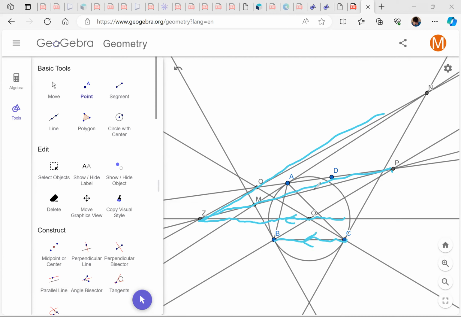So basically defining these three lines and saying, if we prove these three are concurrent, that's the problem. And proving concurrency in projective is easier because you can do a cross ratio chase, and that's exactly what I ended up doing. But not exactly, of course, it's not exactly what I did.